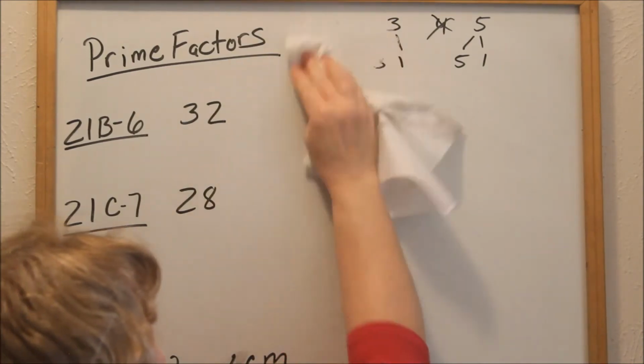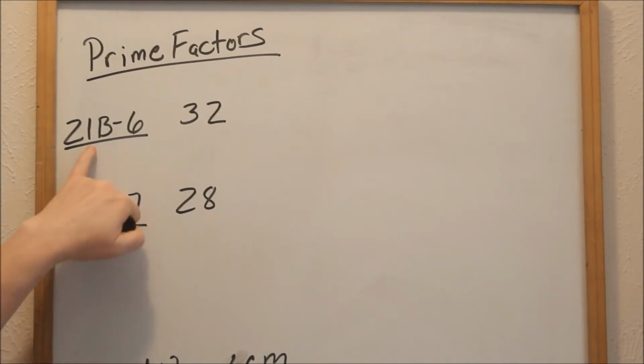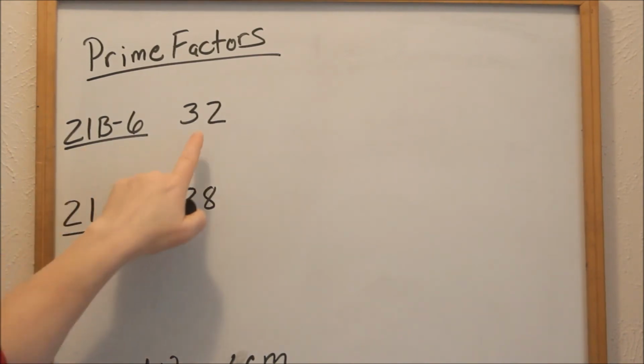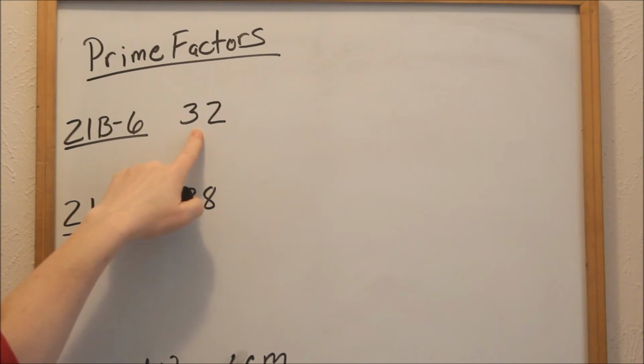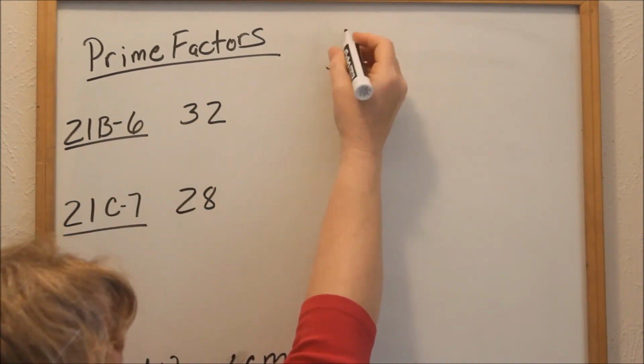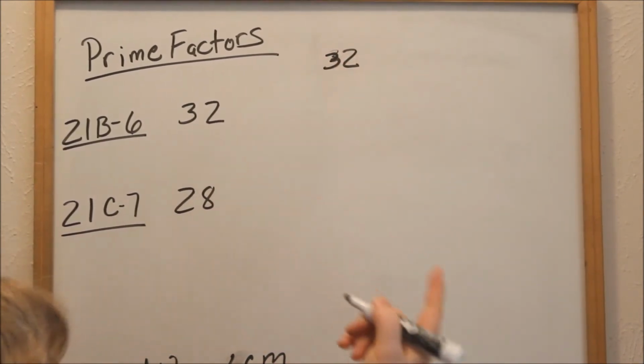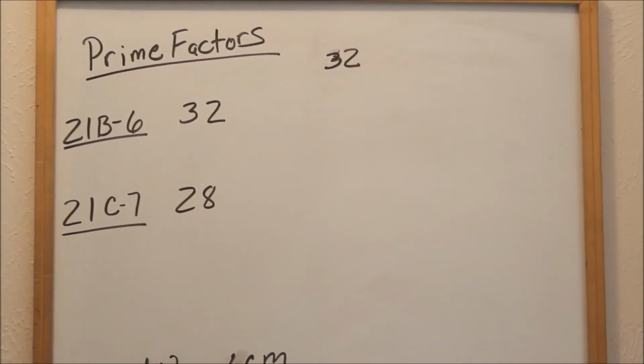So we're going to build a factor tree for all of these to determine the prime factors for these numbers. Looking at 21B, number 6, we're going to break down 32 into all of its prime factors. So to build a factor tree, we start with 32, and then you're going to break it down into 2 numbers. You can do this more than one way, okay?